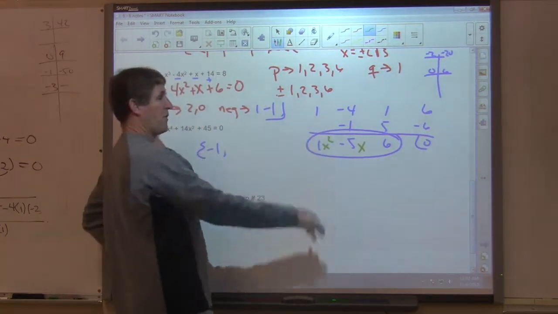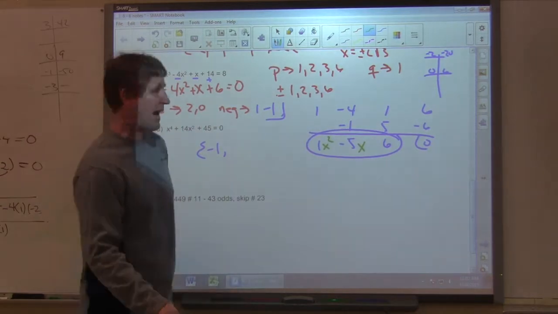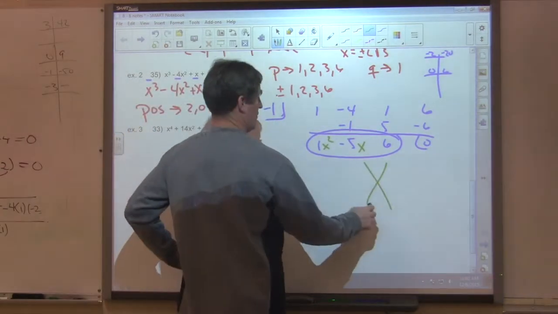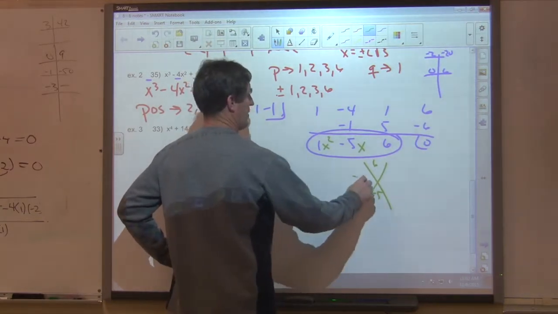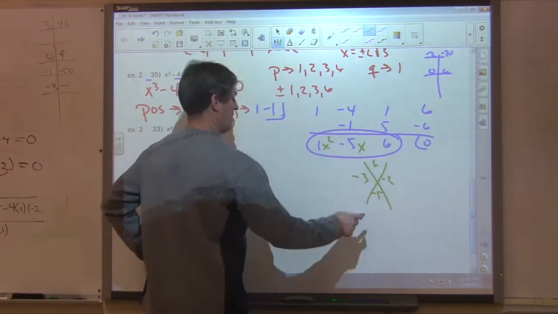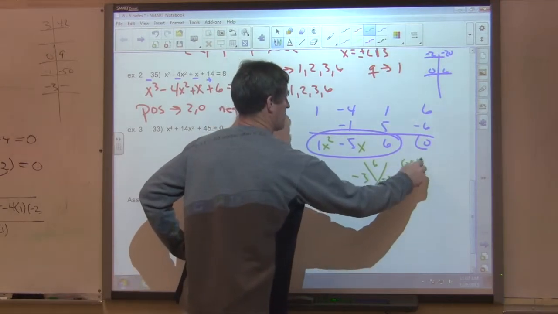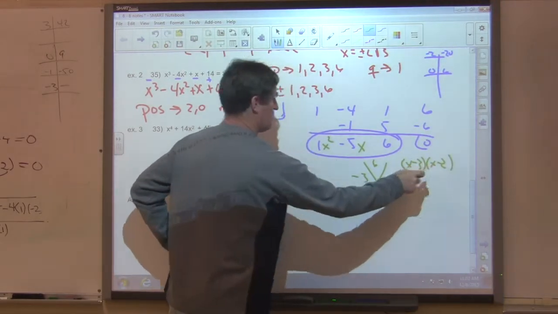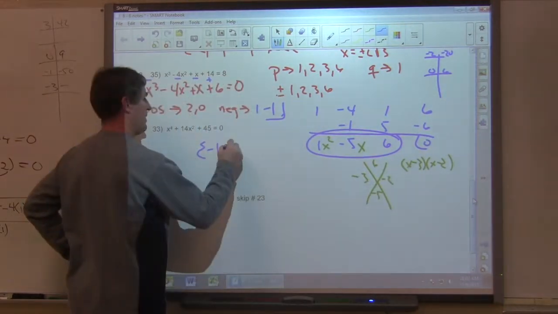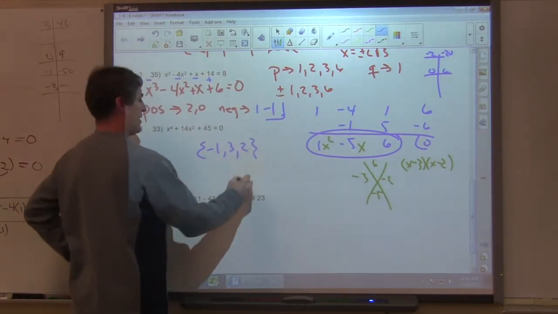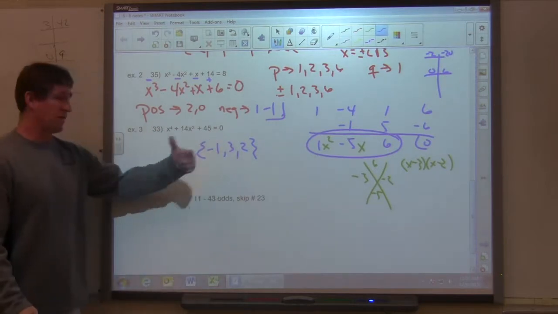You can use a quadratic formula, but I always like to see if I can factor because it's faster. So for you guys, that would be 6 and negative 5. So that would be negative 3 and negative 2. So x minus 3 and x minus 2. So my zeros are opposite this. So 3 and 2. So you should have gotten this for your 3 zeros.